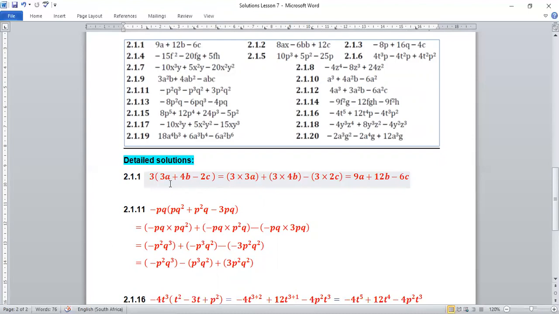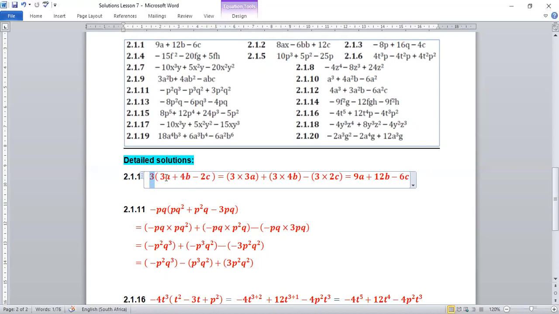I am now going to show the detailed solution to question 2.1.1. The question is, you're multiplying a monomial, which is 3, by a trinomial within the bracket: 3a plus 4b minus 2c.